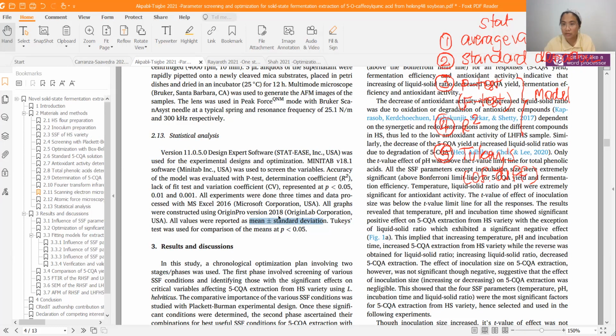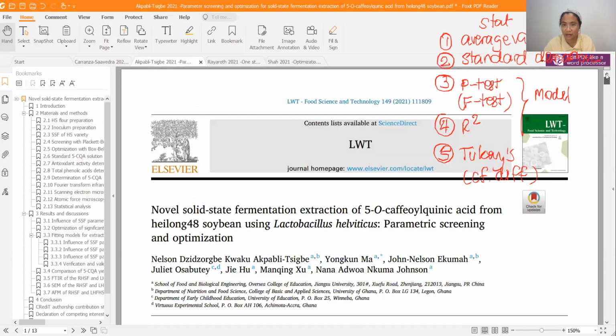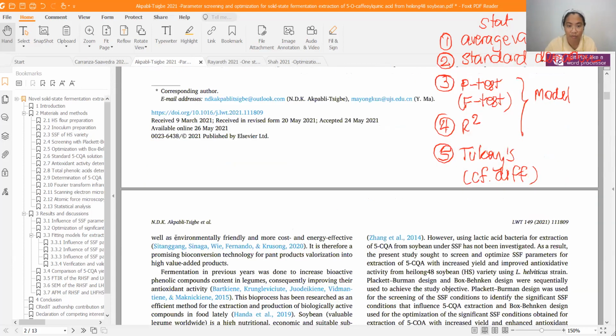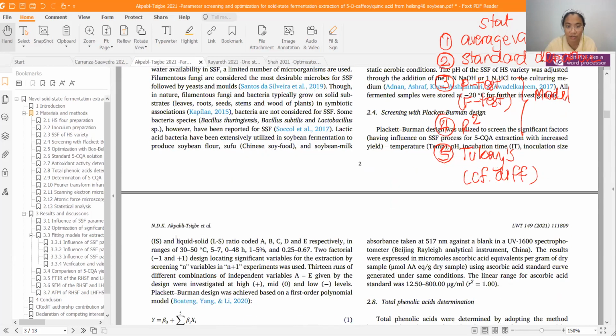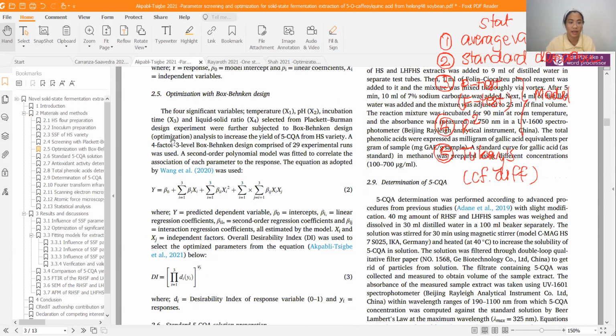To explain more why the modeling is coming into play, it's because they are saying optimization. Let's scroll down here. In the part that says optimization, they are interested in 4 variables.